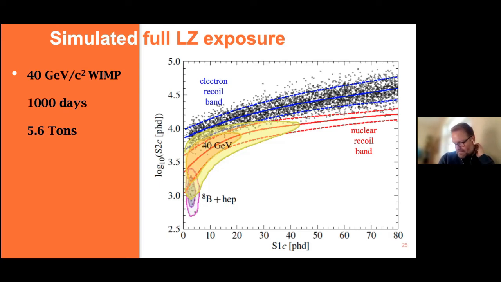Remember, I talked about how the typical dark matter signal is a small light flash, S1, followed by a large light flash. On this plot you have these two quantities plotted against each other. On the horizontal axis, you have this S1 light, and C stands for calibrated, in units of photons detected.